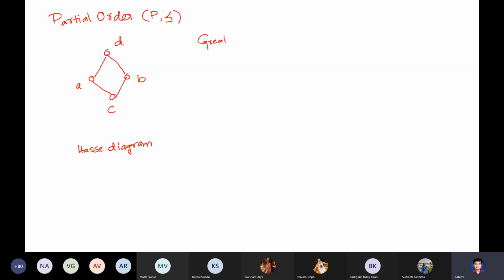Okay, so let us quickly do some definitions. So greatest element is one element such that for all x in P, or the element, let's call it G, all elements of P are less than or equal to G. And I'm not writing the equivalent, so there is an equivalent for least element.